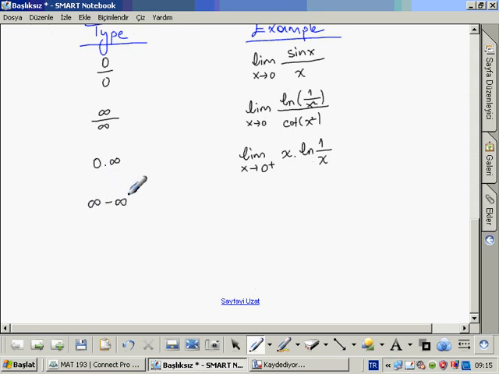Infinity minus infinity: limit as x approaches pi over 2 from the left hand side of tangent x minus 1 over pi minus 2x.